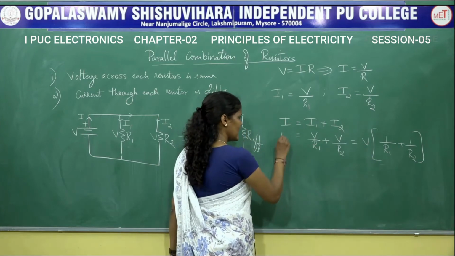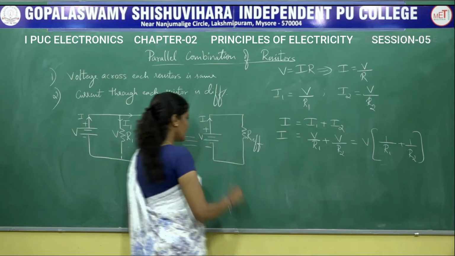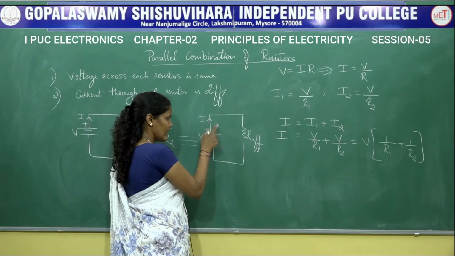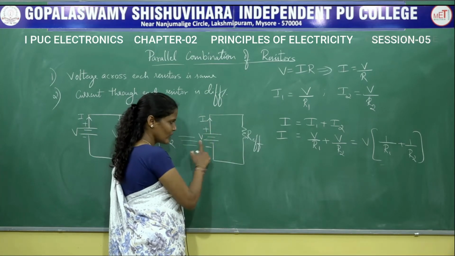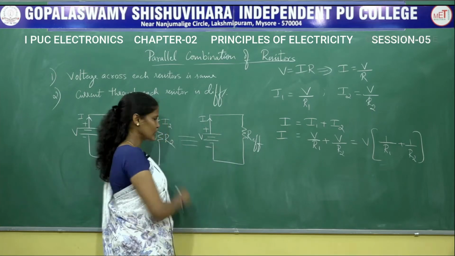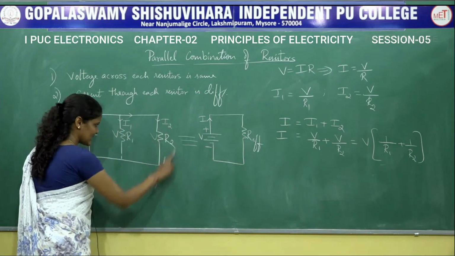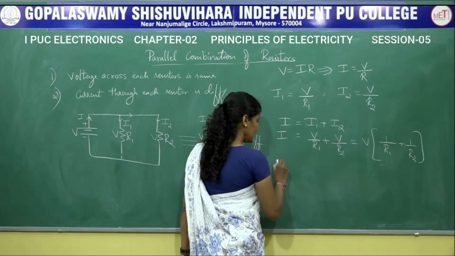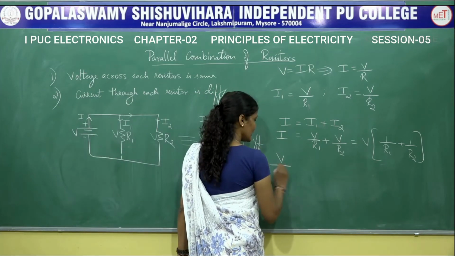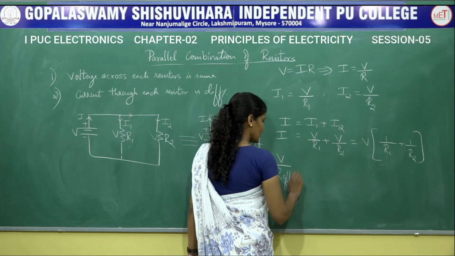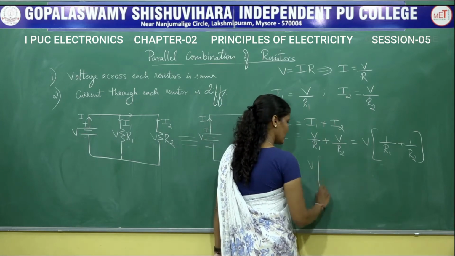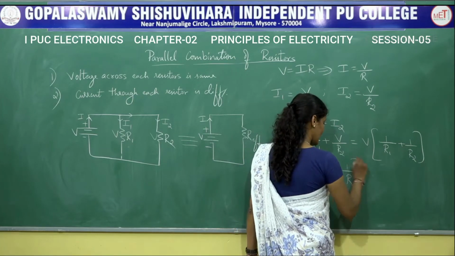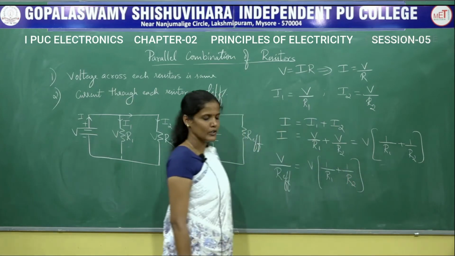But on the left hand side, I have I. If I write the expression for this particular diagram, where I is the current, V is the voltage, and R effective is the total resistance of these resistors connected in parallel, I is equal to V divided by R effective, which equals V times (1 by R1 plus 1 by R2).